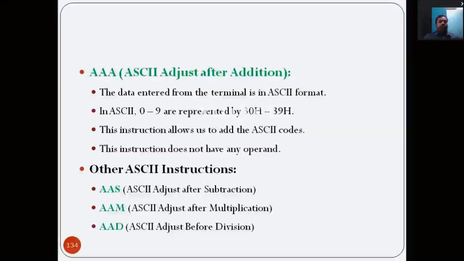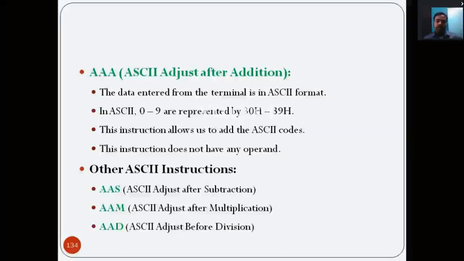Another important instruction is AAA, the expansion of AAA is ASCII adjust after addition. After the addition, this instruction adjusts the result of addition into ASCII. What is the expansion of ASCII? American Standard Code for Information Interchange.